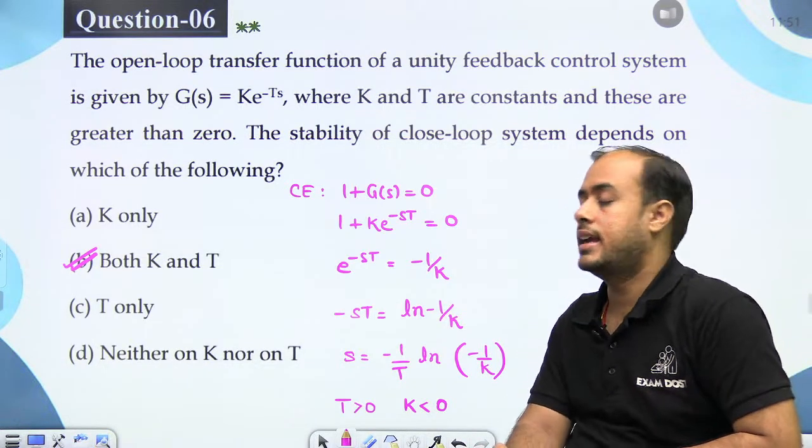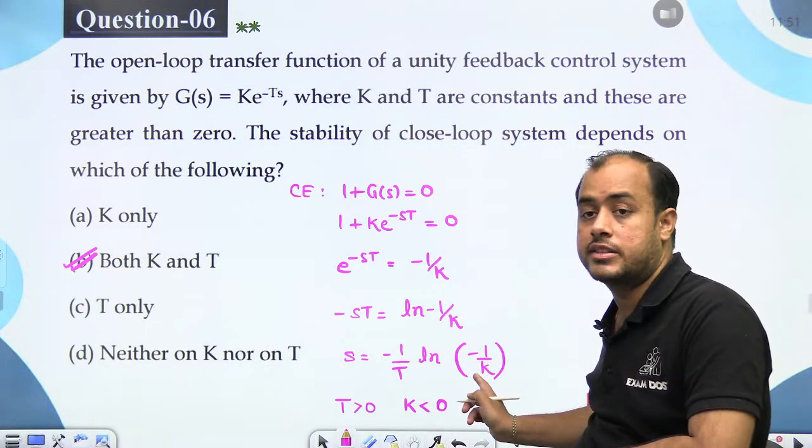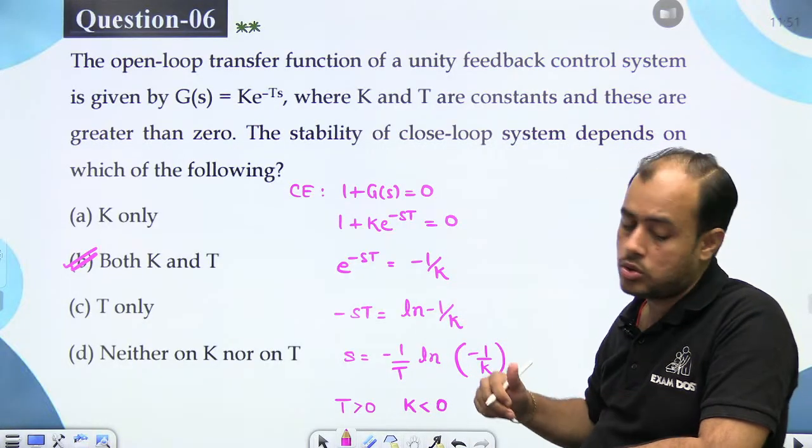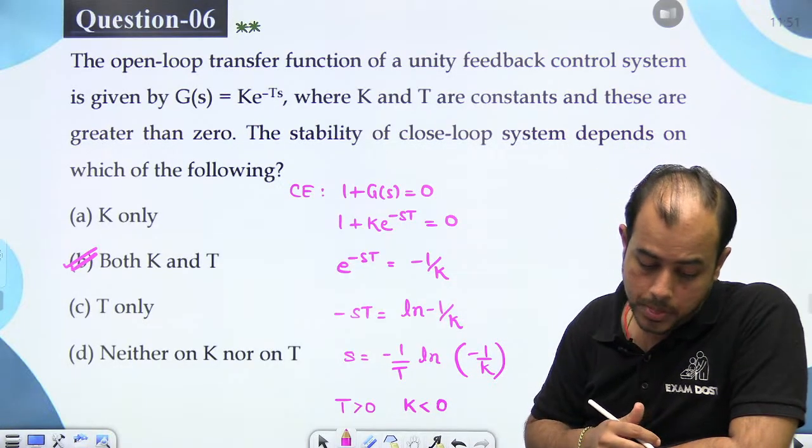बात समझे? K आपका क्या होना चाहिए? K must be negative, T must be positive. बट K और T दोनों ग्रेटर देन 0 दे रखे ना, रुको.